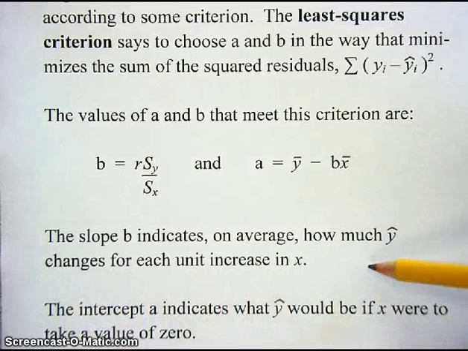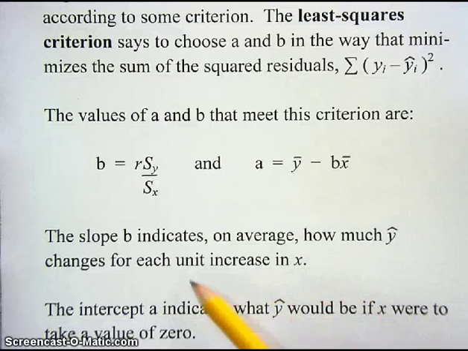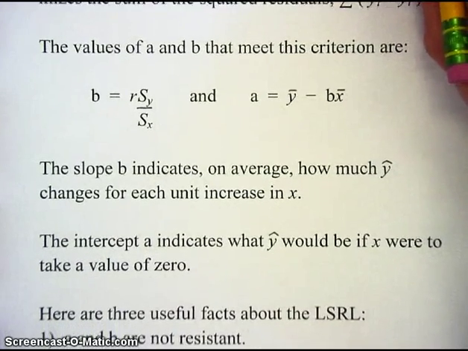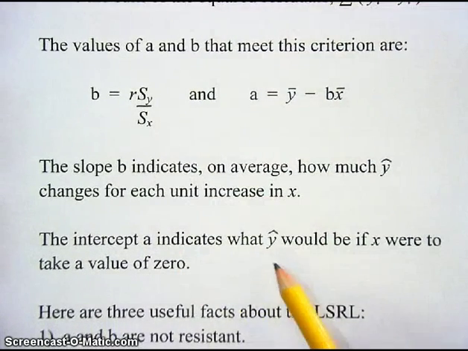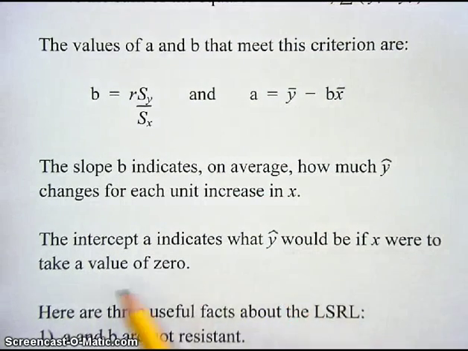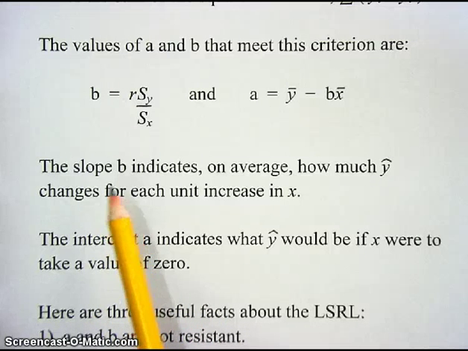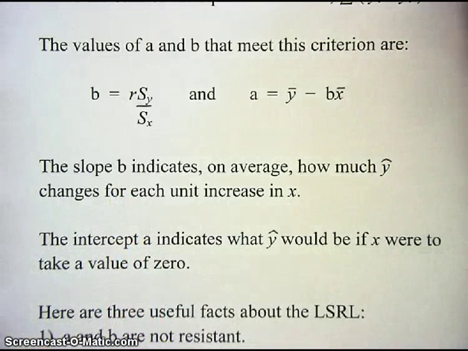And when you're interpreting a slope, you'll have to use the context of the problem and rely on that to tell you what the units for x and y hat look like and what that relationship might look like. The y-intercept, A, indicates what y hat would be if x were to take a value of 0. In some situations, this is not a very meaningful number. And most of the time when you're studying best fit lines, the slope is the more important of the two numbers that you'd be interested in.